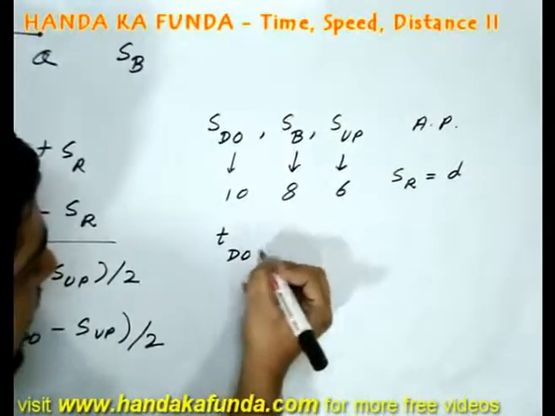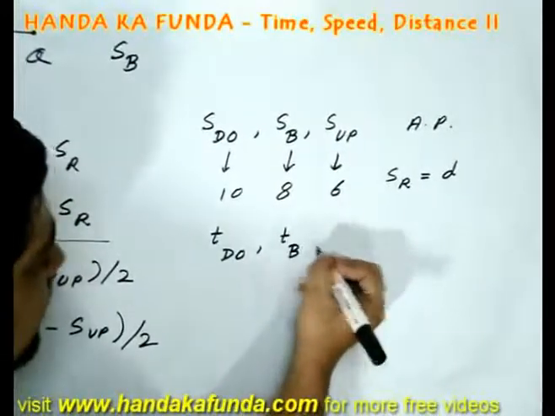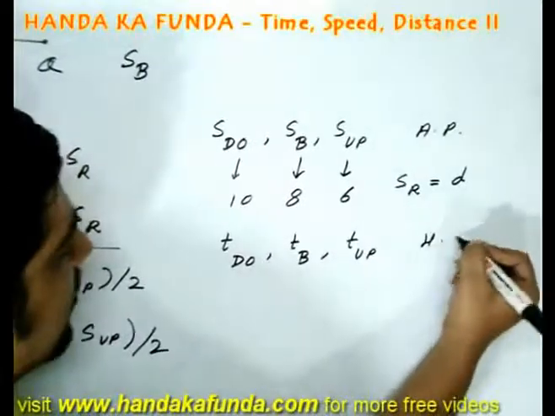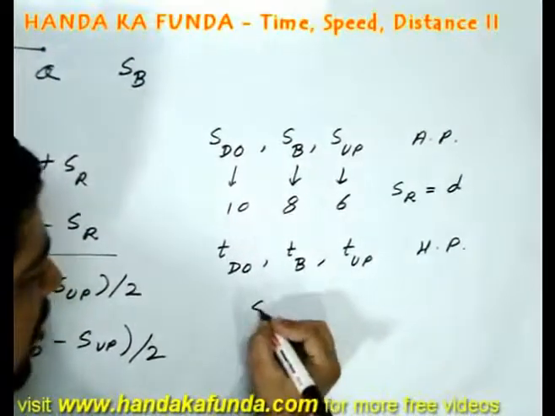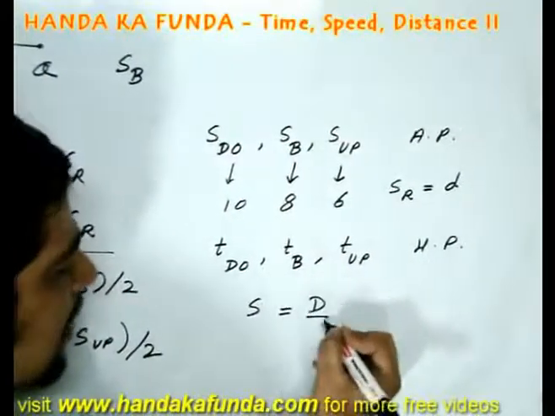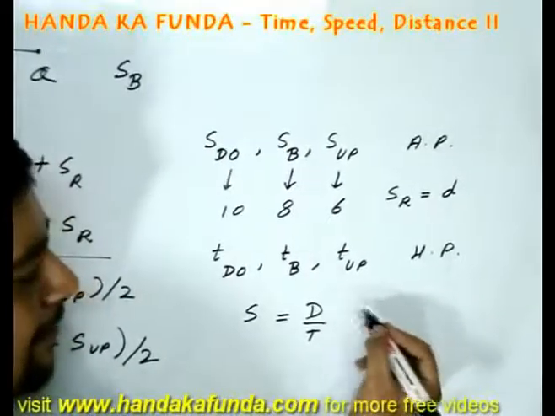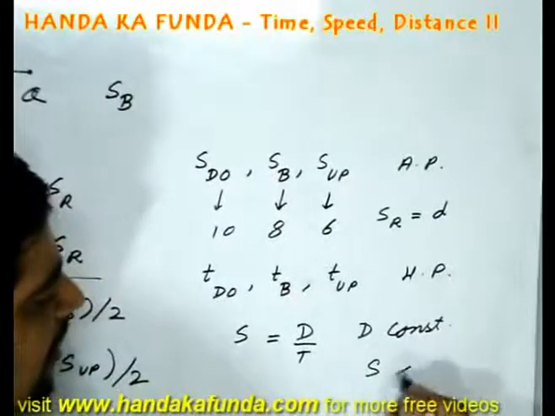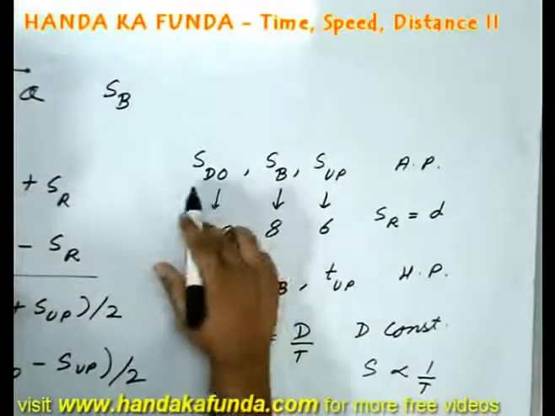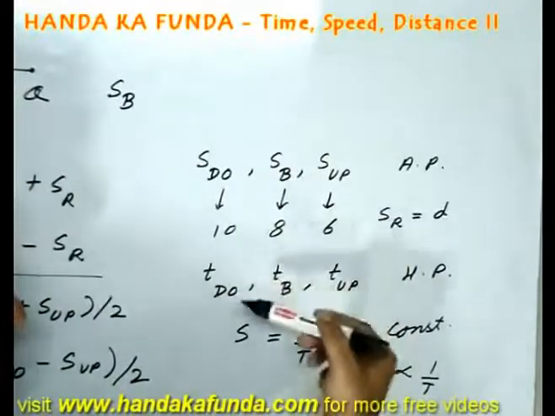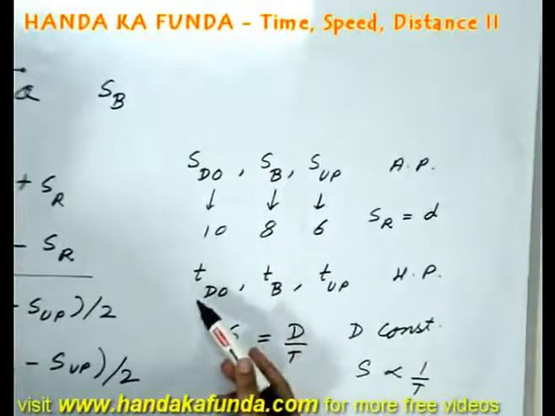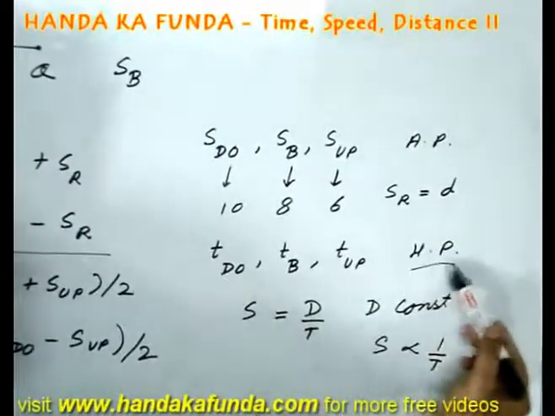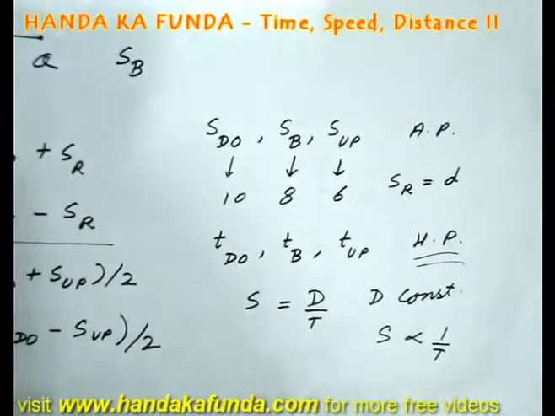That is, the time taken downstream, the time taken by the boat in still water, and the time taken upstream, they are going to be in a harmonic progression because speed is distance upon time, and if my distance is constant, speed is inversely proportional to time. So if these are in an AP, their reciprocals, which will be represented by time, will be in a harmonic progression.